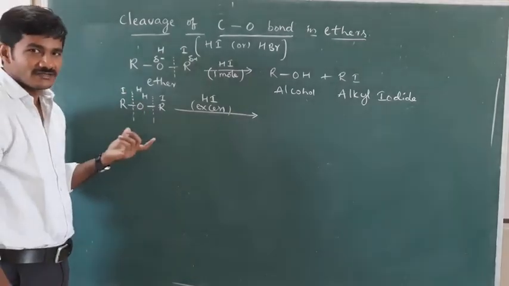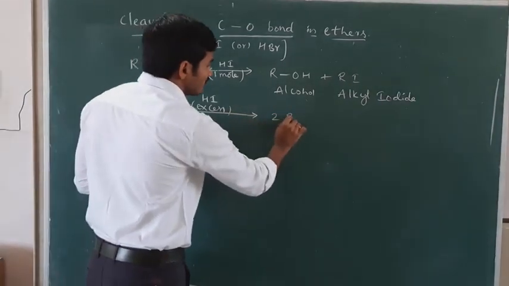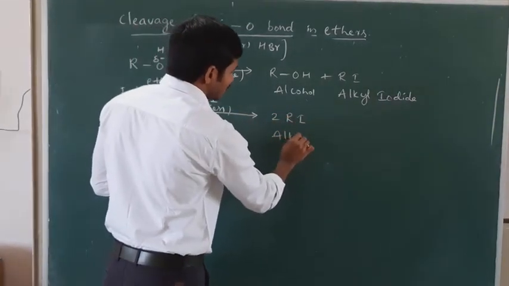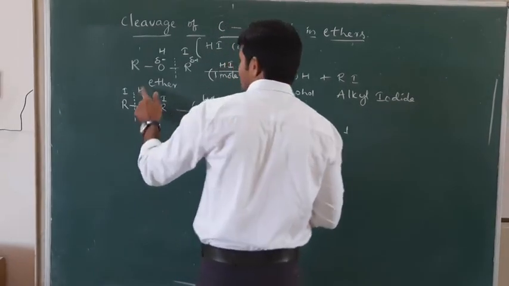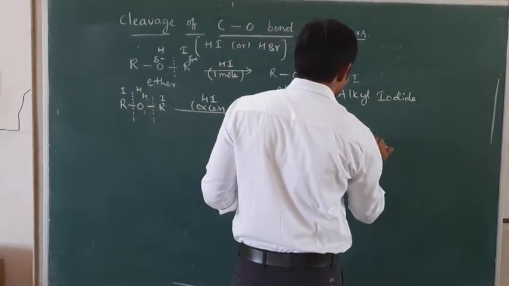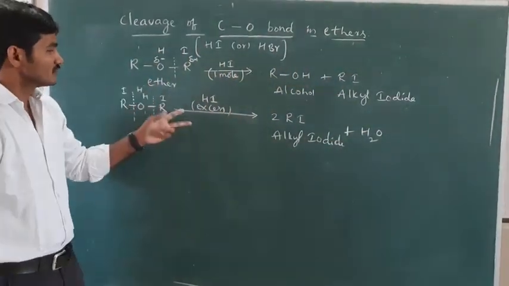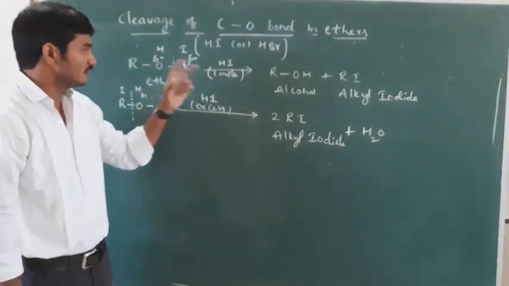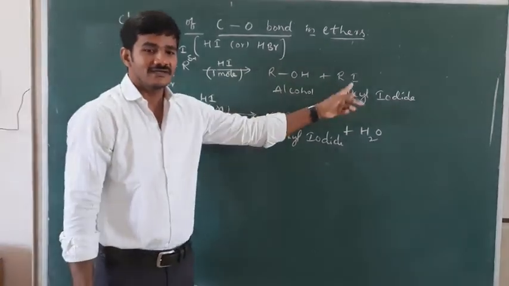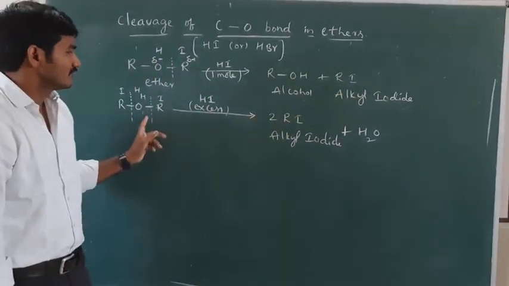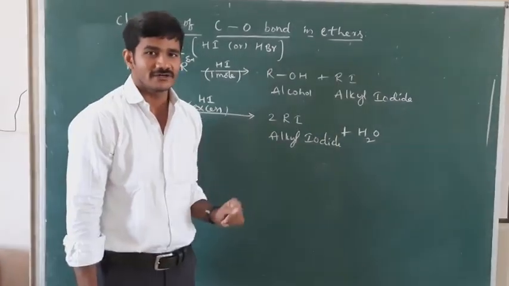Both sides we can break, and the resulting product we get is 2 moles of RI, alkyl iodide, plus H2O. See the difference? With 1 mole of HI, the products are alcohol and alkyl iodide. With 2 moles or excess of HI, ethers can be converted into alkyl iodide plus water.